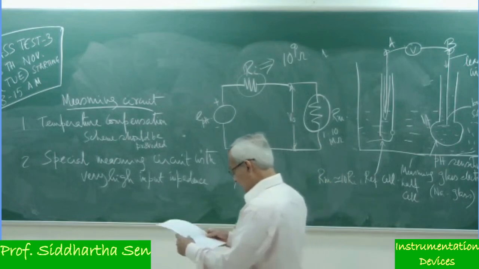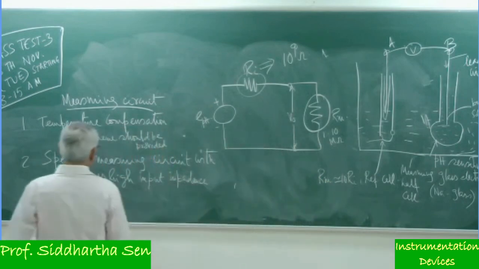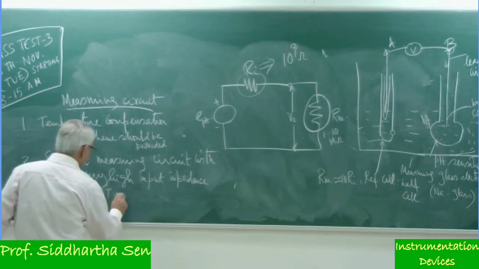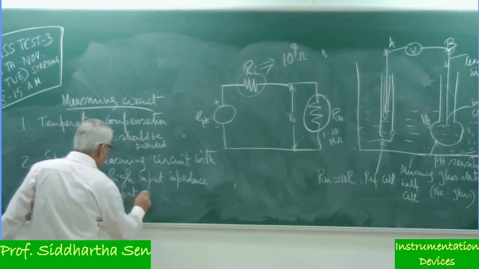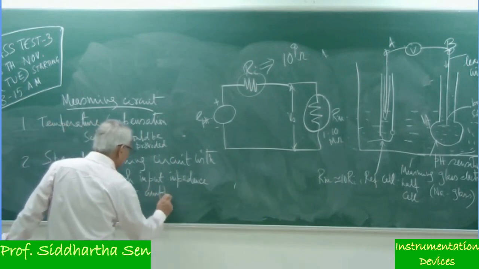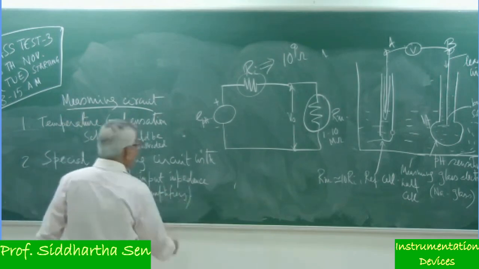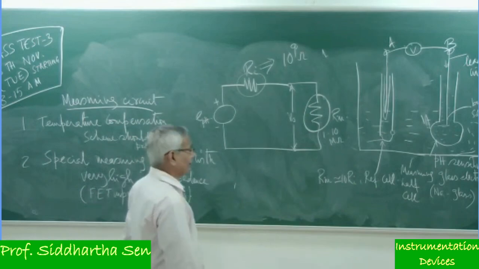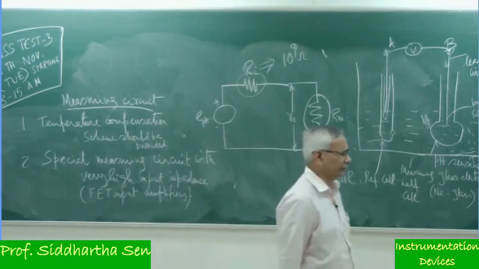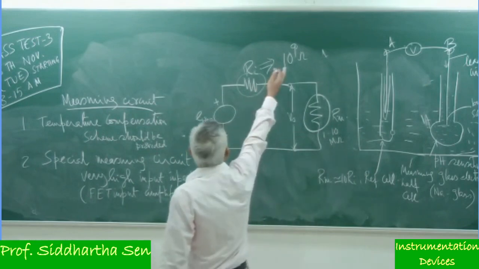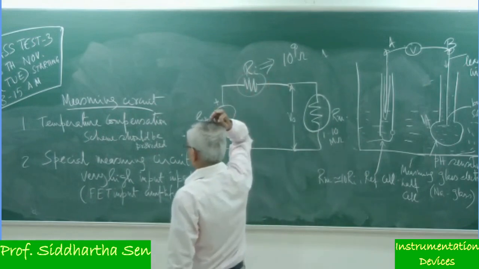We normally use FET input amplifiers, because FETs have got much higher impedance, but it also requires special FET configurations and so on, which can give you at least 10 times more than that.